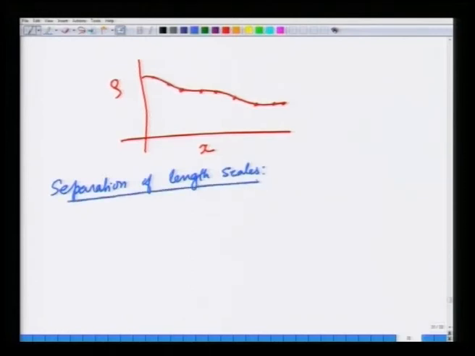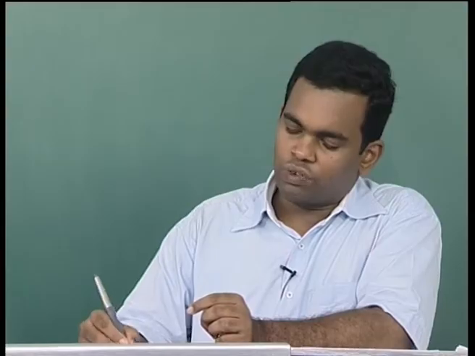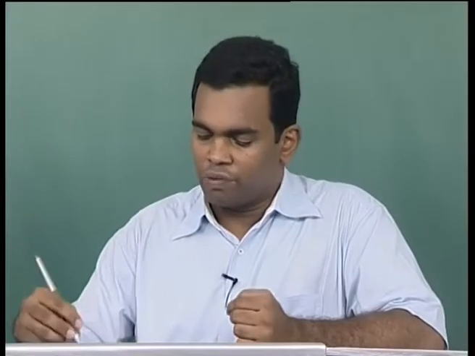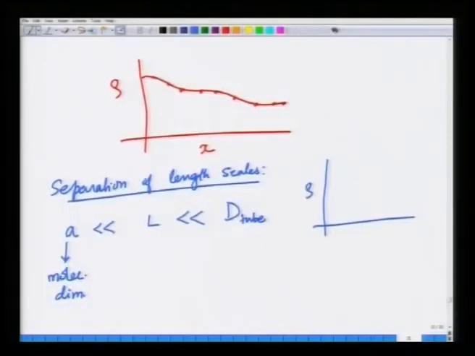The continuum approximation works when your length scale of interest is very, very large compared to the molecular dimensions, and it is small compared to macroscopic dimensions like the diameter of the tube in which the fluid is present, in which case you can plot the density from 0 to d as a function of a position variable such as x, and you will find a smooth behavior. So, you can describe density at each and every point in this sense in the continuum approximation.